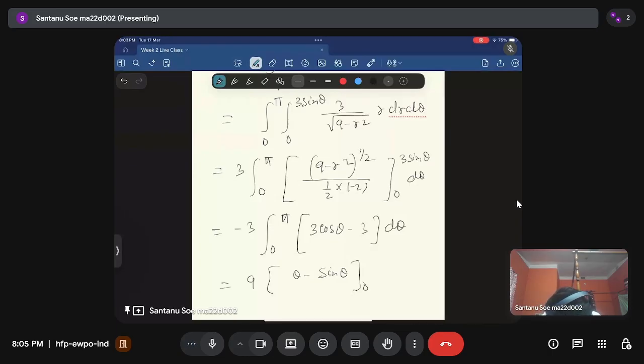Calculate the value of the surface integration f dot n d sigma, where n cap is the unit normal vector.